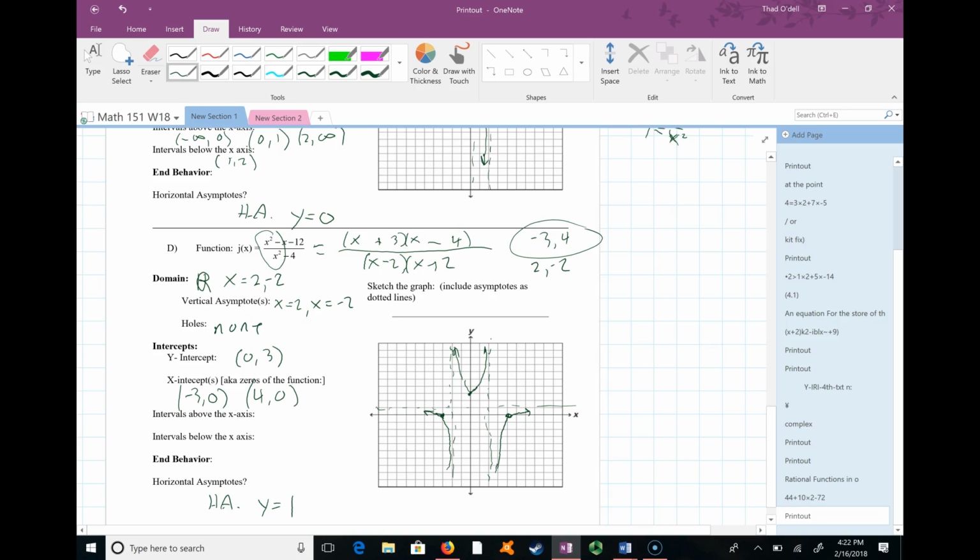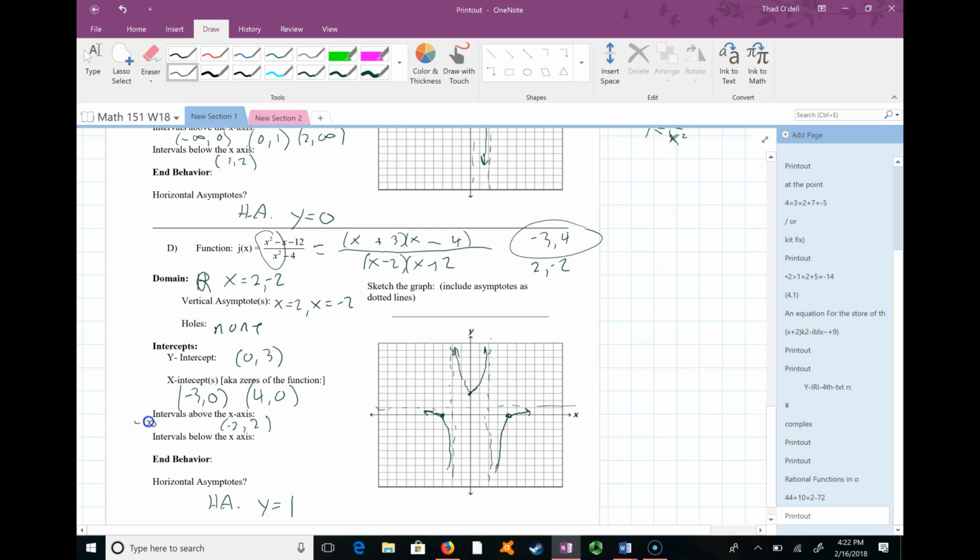So where are the intervals above the x-axis? That would be from -2 to 2. And below would be from -infinity to -2 and 2 to infinity. Oops! Nope, I just lied. What am I thinking there?